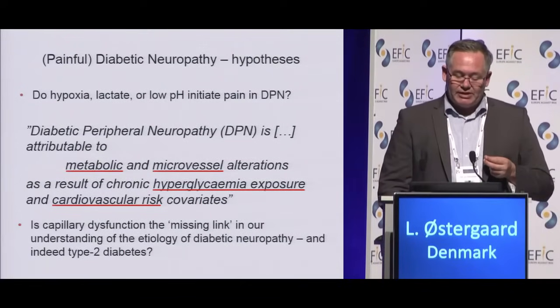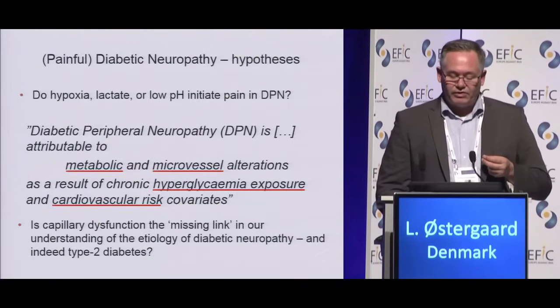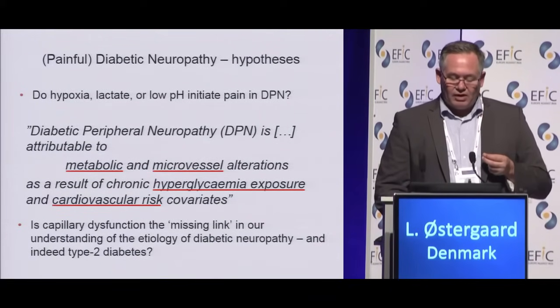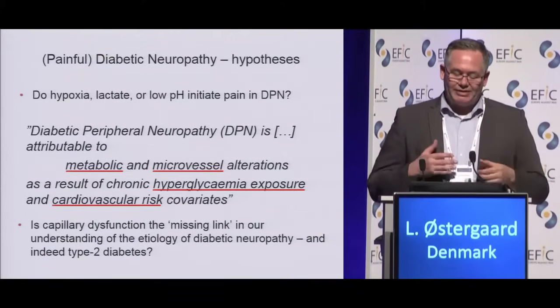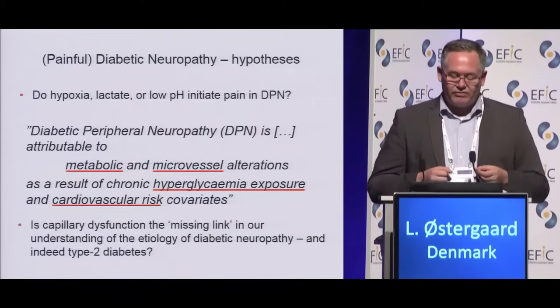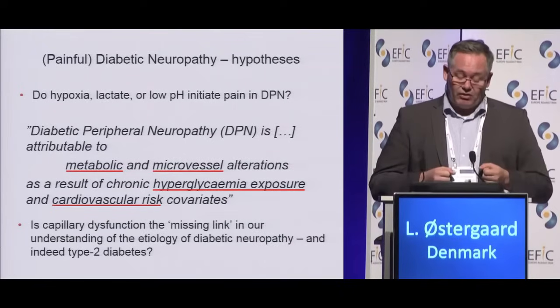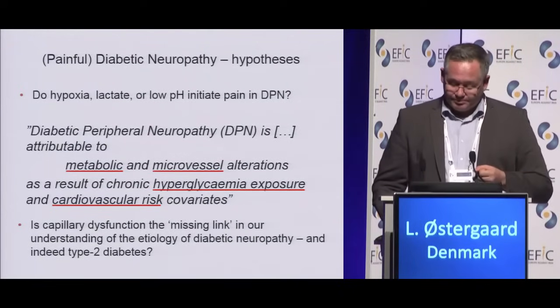But going back to these definitions, I hope I've convinced you that the interactions between these may actually have a common denominator, or have capillary dysfunction as a missing link in our understanding of the etiology of diabetic neuropathy and perhaps even of type 2 diabetes.